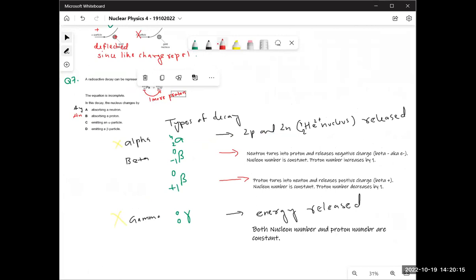Therefore, the only possibility I have is this one, beta negative, or beta emission. It can't be alpha, it can't be gamma. Therefore, the correct option is D, because proton number increases by 1.